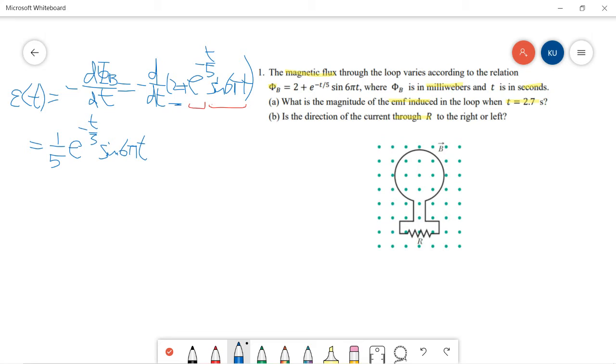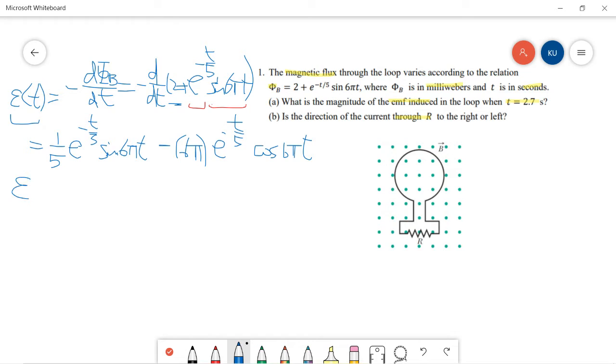Then we take the derivative of the second function, sine 6 pi t, which is cosine 6 pi t, and with the chain rule we multiply by 6 pi. And then we multiply by the other function, exponential to minus t over 5, and we have another negative sign. Okay, so we have the expression for the induced EMF.